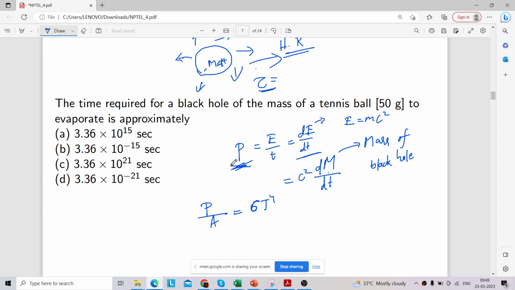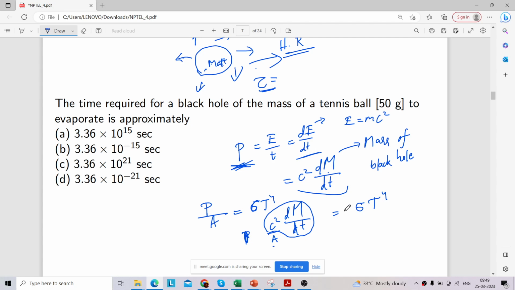where sigma is the Stefan constant. So we have power as c squared dm over dt. So let me substitute this. So c squared dm over dt, divided by the area A, should be sigma T to the power 4. But the mass is reducing, so it will eventually evaporate.